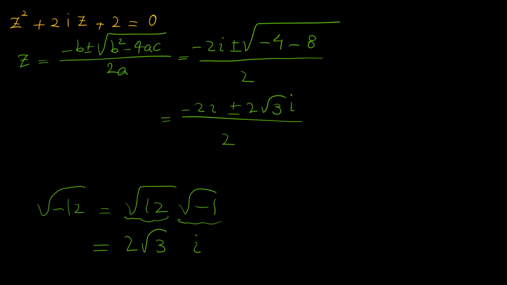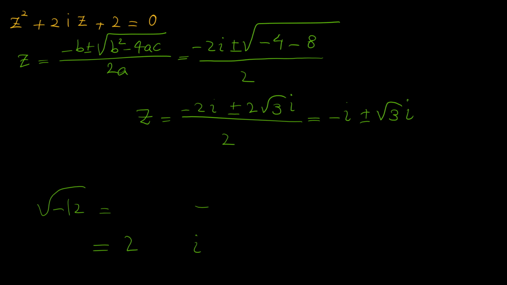Both of the terms in the numerator have 2, so we can divide each of them by 2, and the 2 from the numerator with the 2 from the denominator cancels. So z equals negative 2i over 2, which is negative i, and 2 radical 3 i divided by 2 is radical 3 i. Don't forget we have plus minus radical 3 i. And this is the solution of this equation. But pay attention, please. This is important that you notice this.